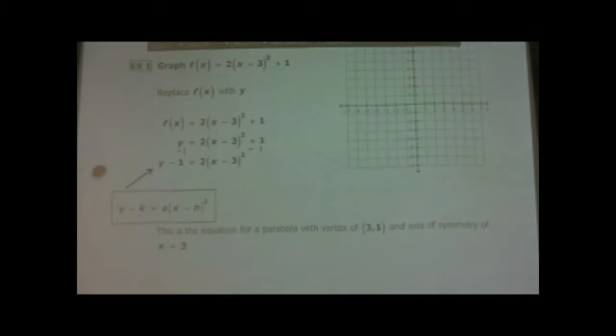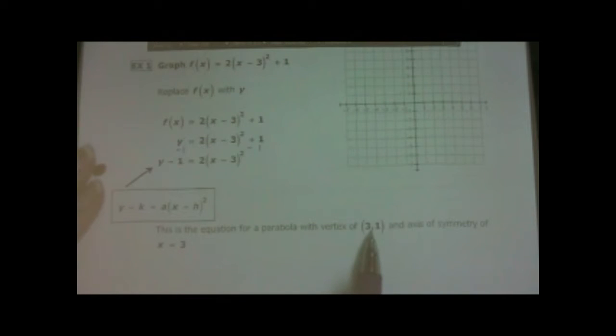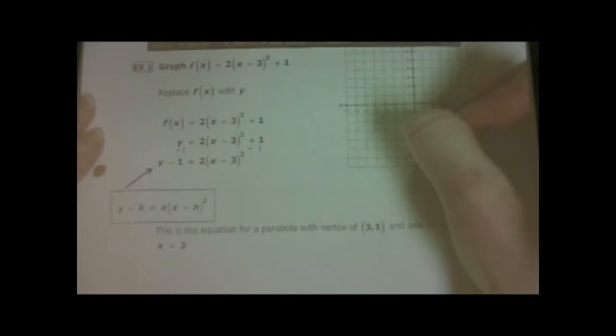First of all, my vertex is h, k. So 3, 1 is my vertex. And if you look down here, this is the equation for a parabola with vertex 3, 1. And it has an axis of symmetry of x equals 3, because remember, the axis of symmetry is x equals h. So I've got 3, 1 right here.